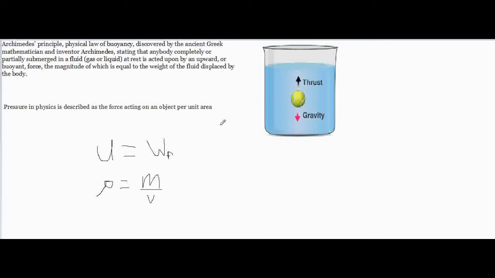Now, from there we can move on to another very important part of Archimedes' principle, and that's the pressure. In physics, pressure is described as the force acting on an object per unit area, and so we can write that as P is equal to force over area.